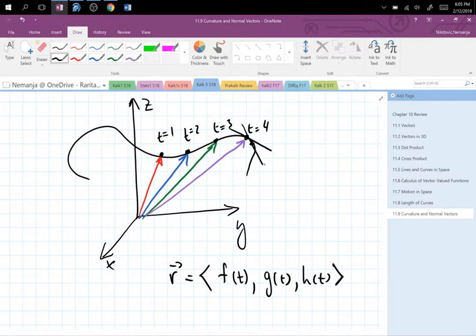So the faster it changes in the neighborhood, we can define that as larger curvature. And if the variance in the tangent line is not as much, like around t equals 3, we can draw two tangent lines that would pretty much have the same slope. In that case, there's not that much curvature.